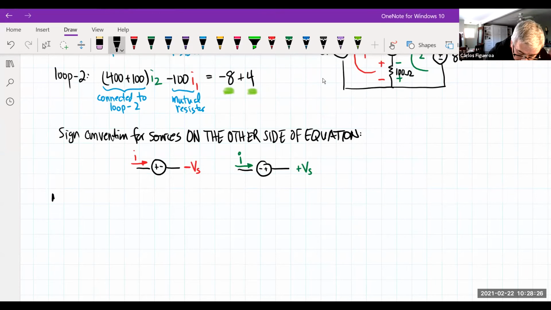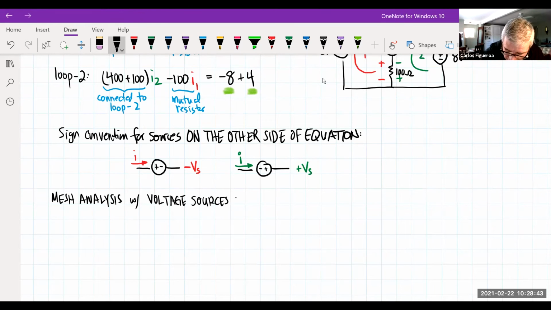So I'm going to write mesh analysis with voltage sources only. So let's go look at that.